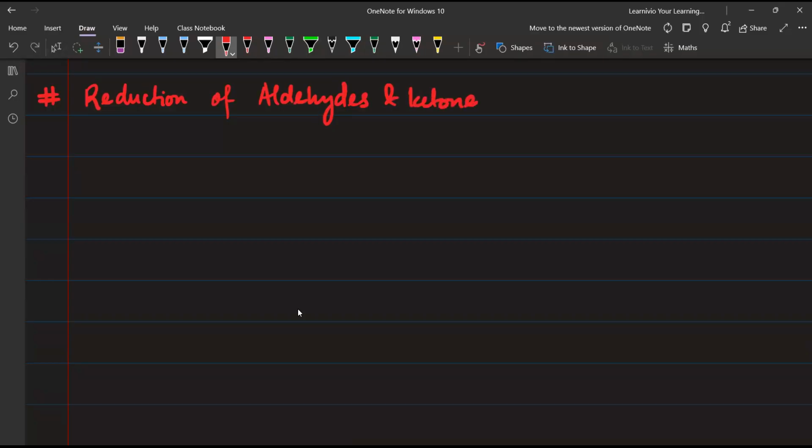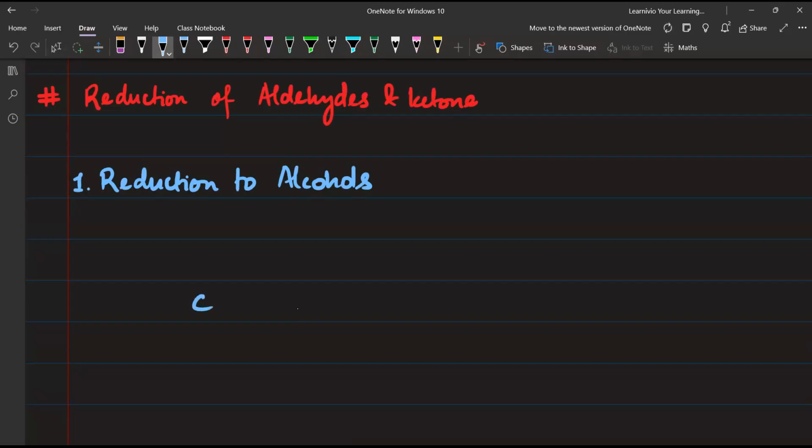Now, there are two reductions of aldehydes and ketones. One is reduction to alcohols and then one is reduction to alkanes. So for the first one, write reduction to alcohols. Now, these reactions we have already seen in the methods of preparation of alcohol.